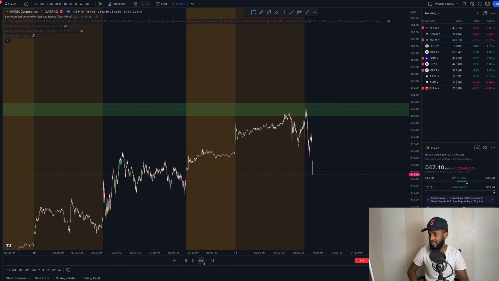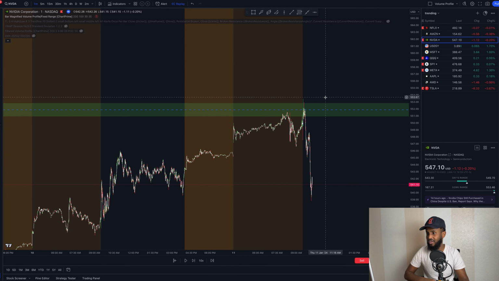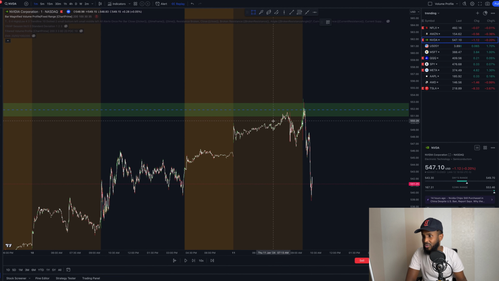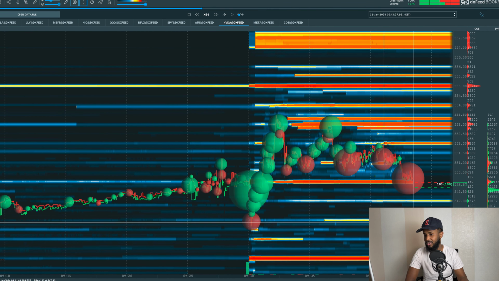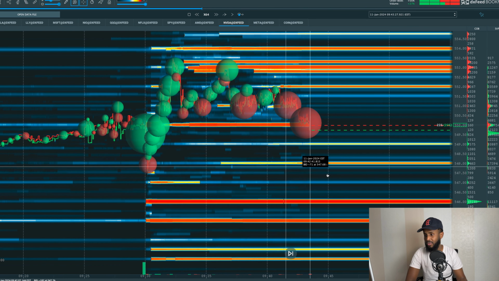We reached that 553 zone. We've seen some resistance at this 550 zone, but we eventually broke through, and we actually came all the way down to $540. Nvidia absorbed these 546 orders as well.